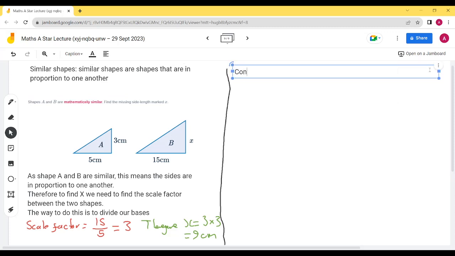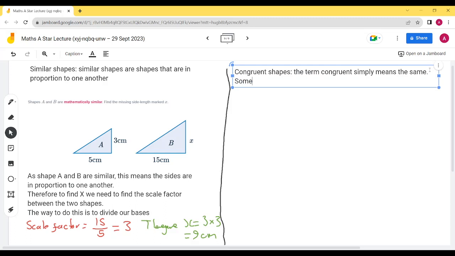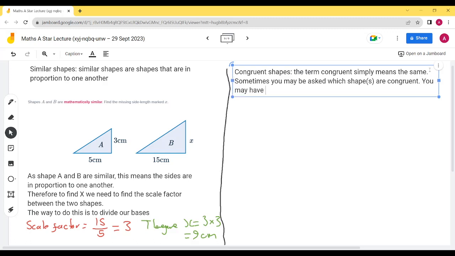The term congruent simply means the same. So sometimes you may be asked which shape or shapes are congruent. You may have to tessellate them, so like spin them round, but this just means which shapes are the same.